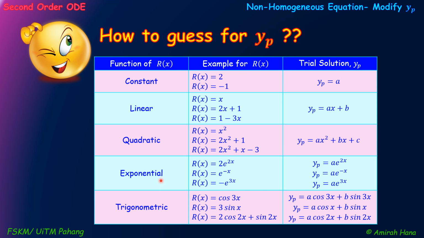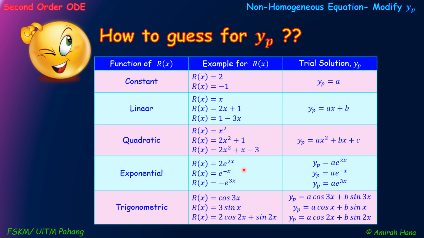Alright, let's say we have Rx equals an exponential function. For example, Rx equals 2e to the power of 2x, or maybe e to the power of negative x, or maybe negative e to the power of 3x. So our YP equals, for the constant in front here, 2, 1, -1, we write constant A, and then we just follow the given exponential function.